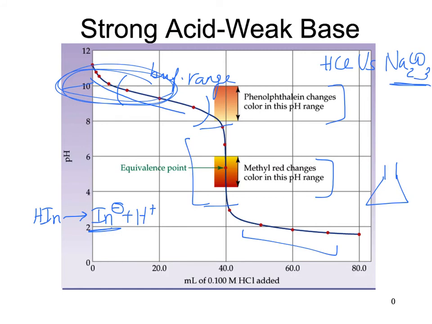And if the change in color, the pH at which that happens, happens to match the pH of your titration, then you say that you can use that indicator for that particular titration. If not, then you won't be able to do that.